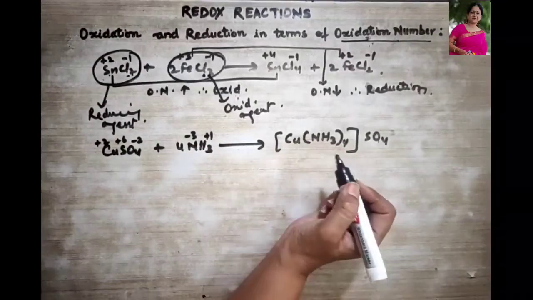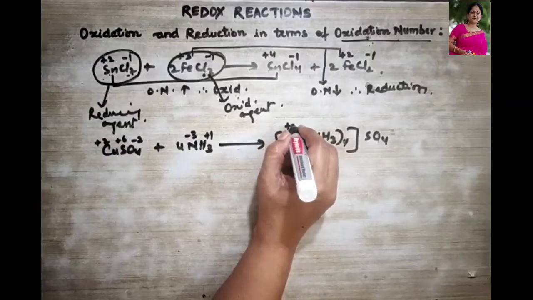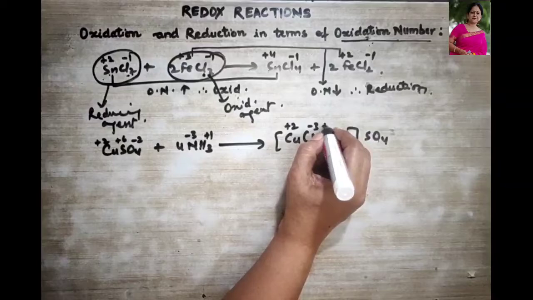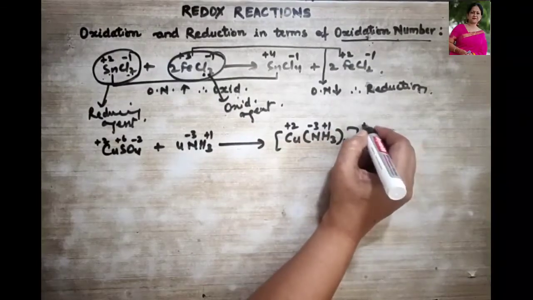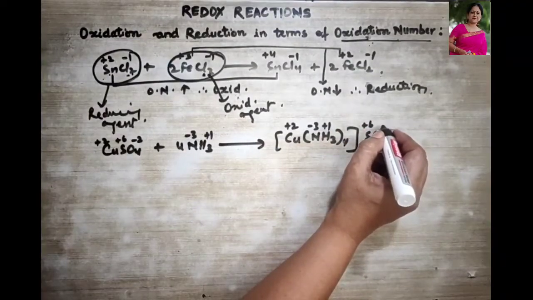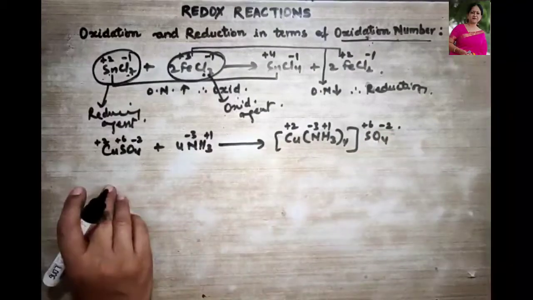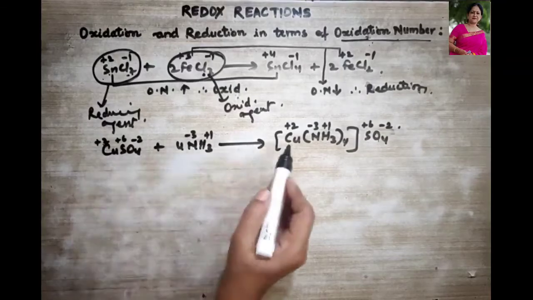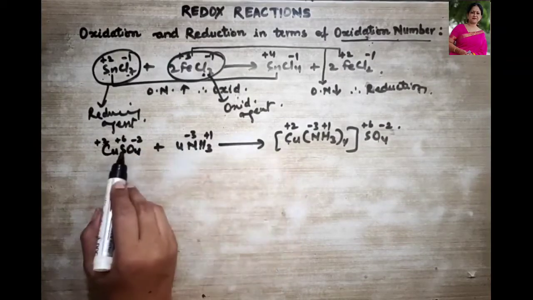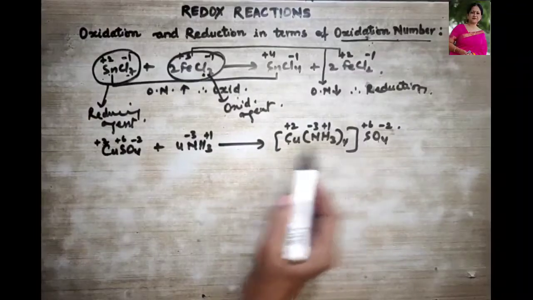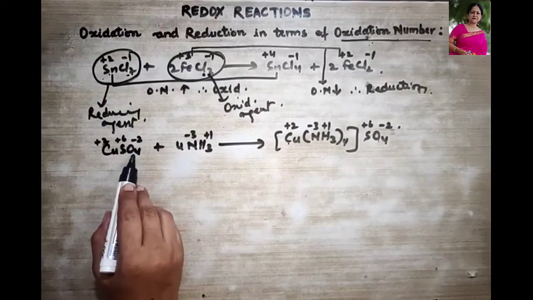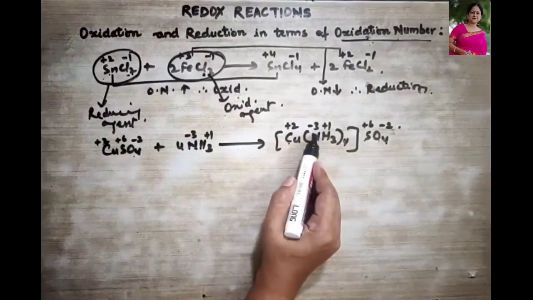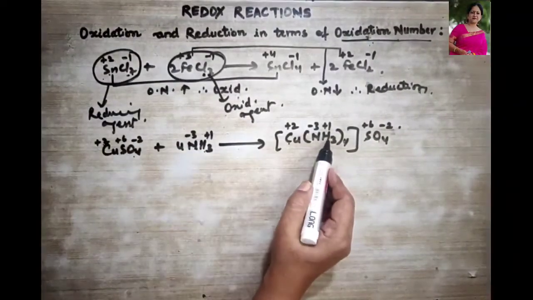Now coming to the product, copper is +2, nitrogen -3, hydrogen +1, sulfur +6, and oxygen we already know -2. Now let us compare. Copper, the oxidation number in the reactant side is +2, product side +2. Sulfur +6, oxygen -2, oxygen -2. Nitrogen -3, nitrogen -3. Hydrogen +1, hydrogen +1.